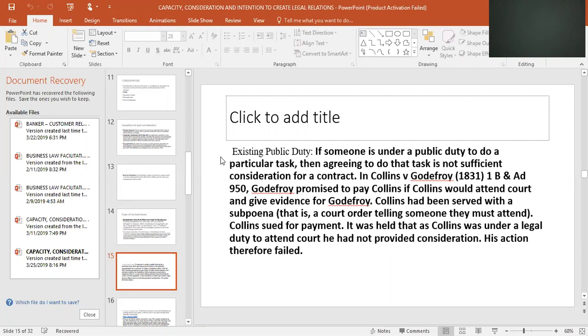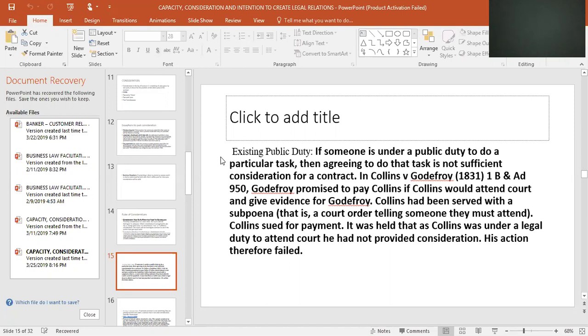When Collins went to give his testimony, he claimed Godfrey's promise of £100.